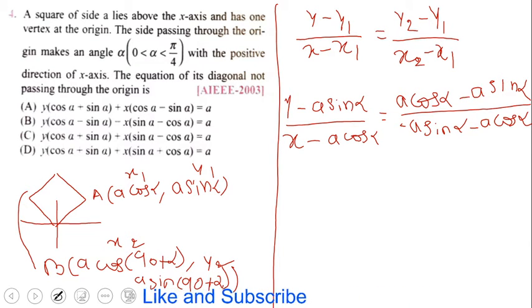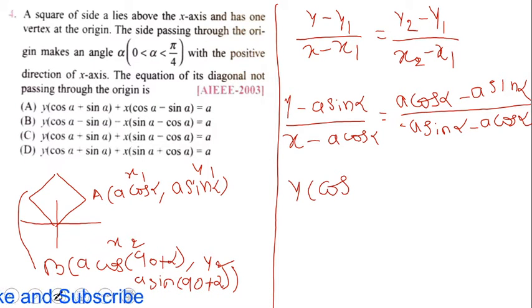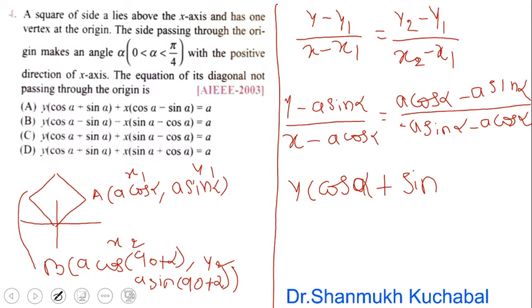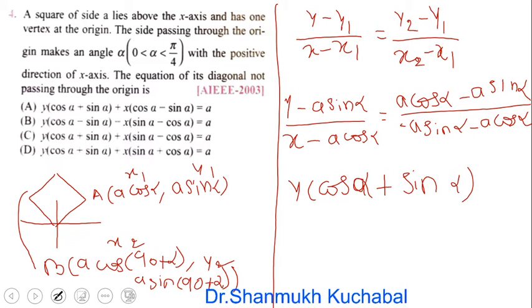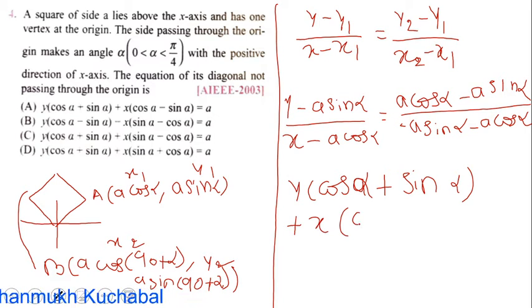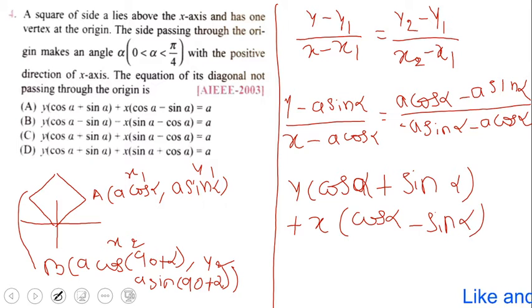So simplifying, we get the solution as y into (cos alpha plus sin alpha) plus x into (cos alpha minus sin alpha) equal to A.